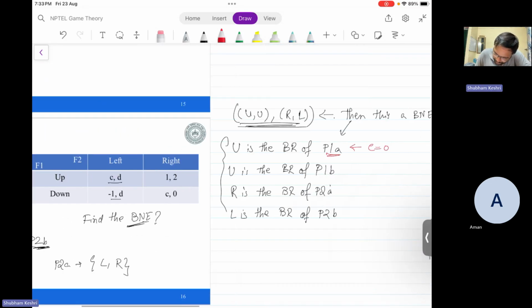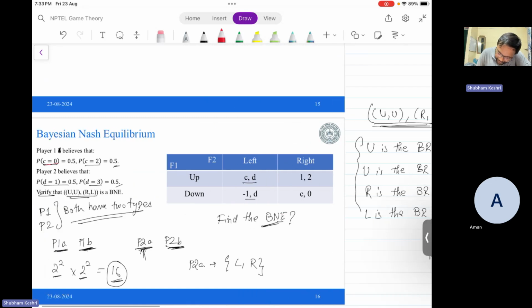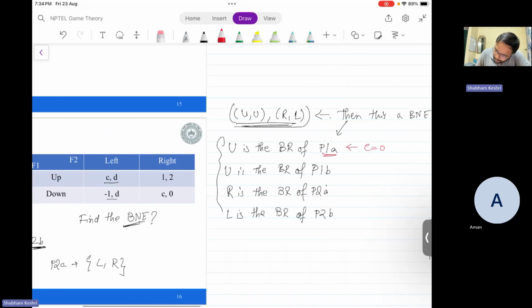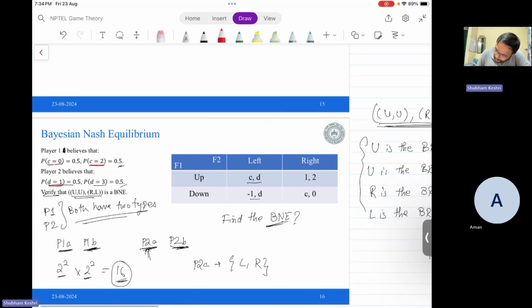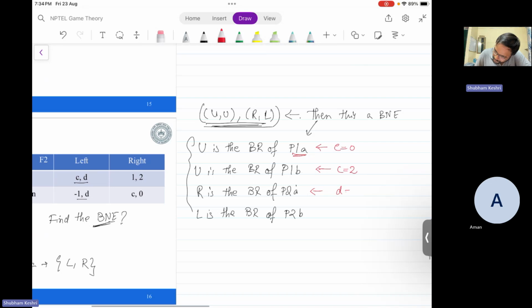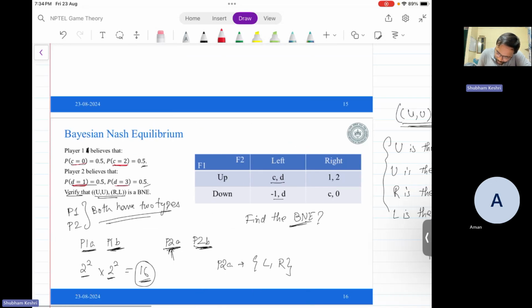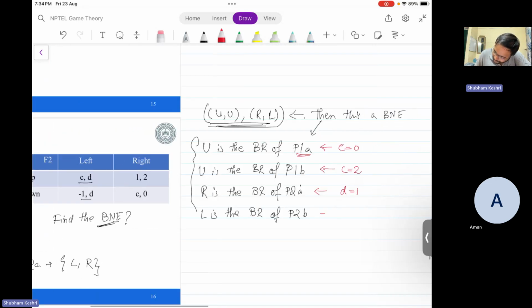Player 1B, what does it mean? C is equal to 2, right? Player 2A means D is equal to 1. And player 2B is actually D is equal to 3. Correct?